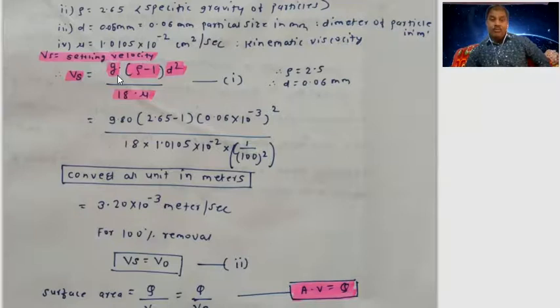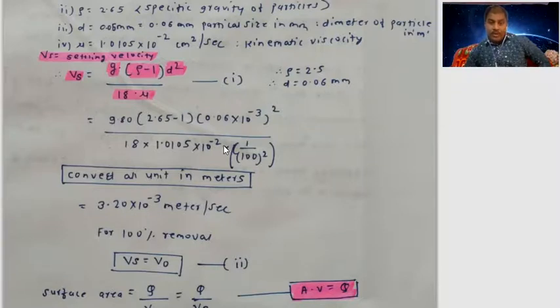Putting the values of g, diameter, and rho, we get 9.80 into (2.65 minus 1) into (0.06 into 10 to the minus 3) squared, divided by 18 times mu, which is 1.0105 into 10 to the minus 2.